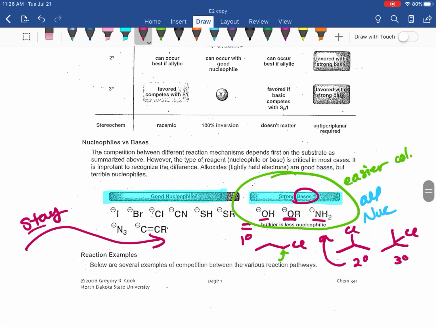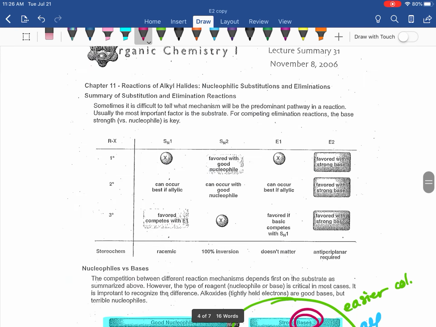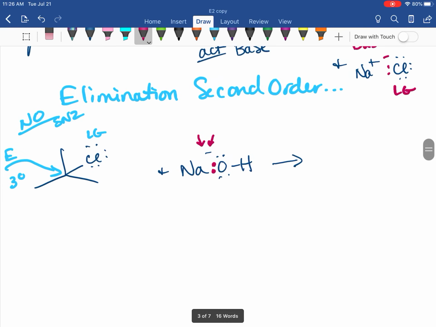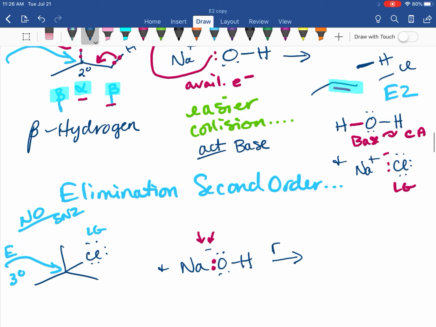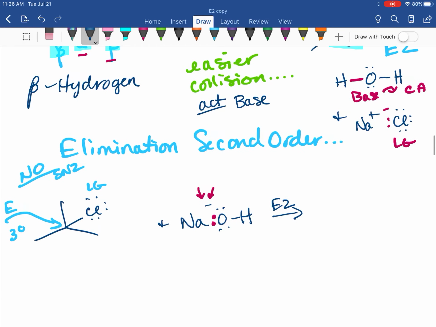Look at that minus. So now I check my list. Aha, I have a tertiary. So this is going to act as a base. OH, base, tertiary. So if this is a base, that means this will be an E2 reaction.